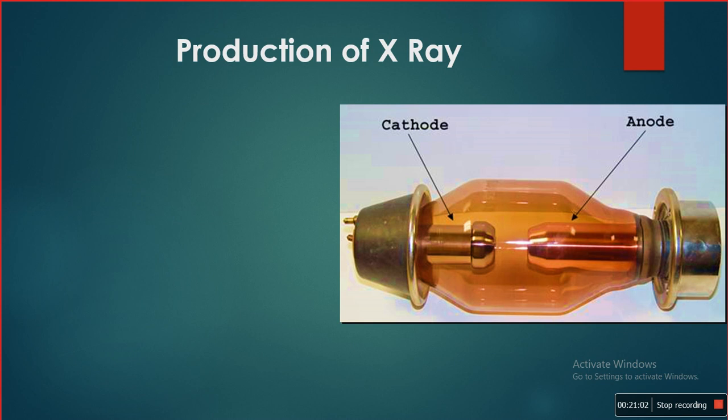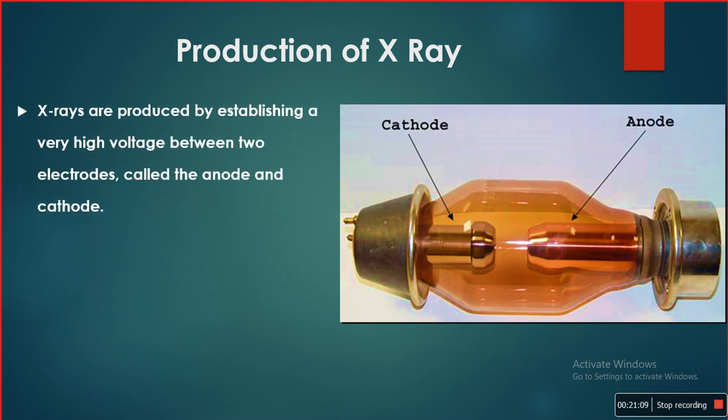So let us discuss the production of X-rays. As I mentioned earlier, X-rays can be produced by bombarding a metal target with a beam of high velocity electrons.